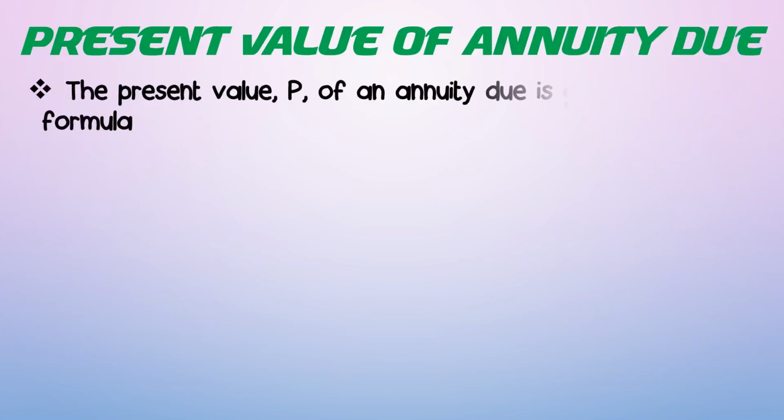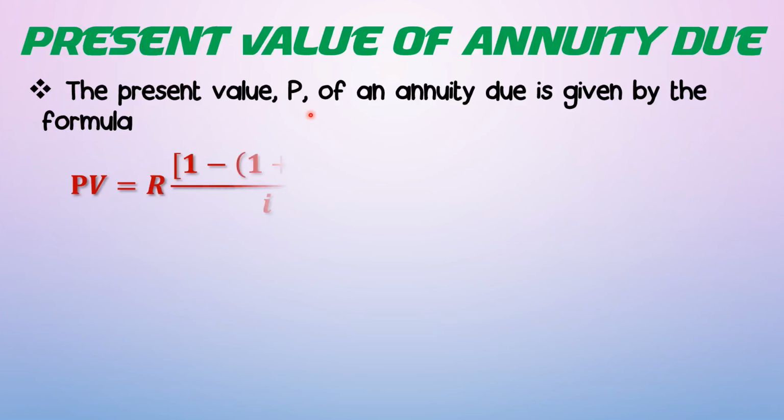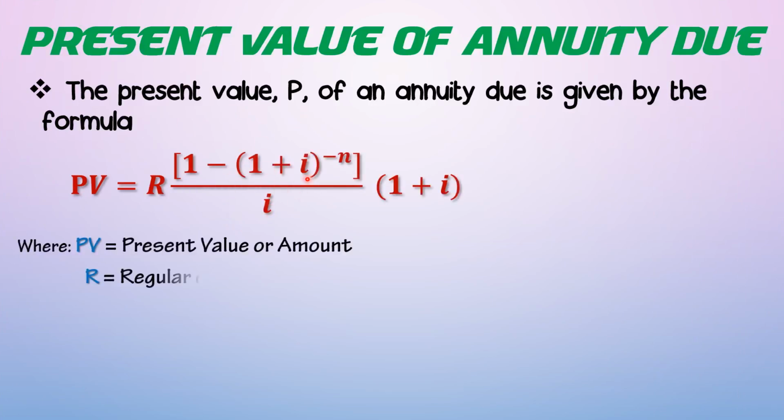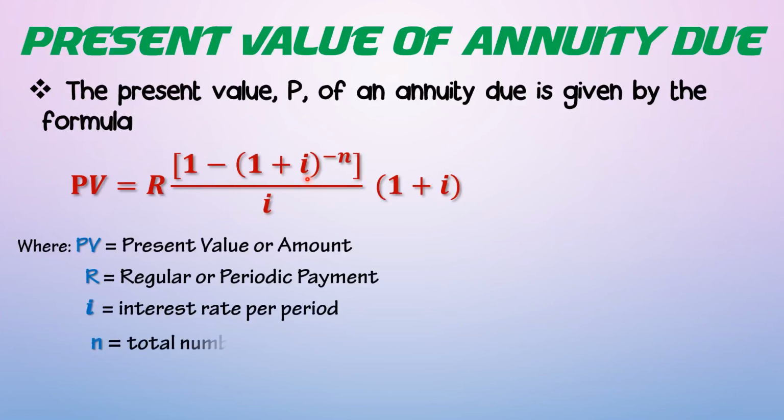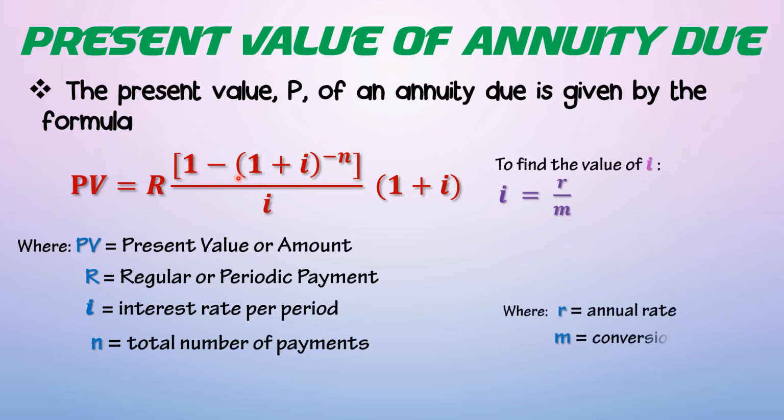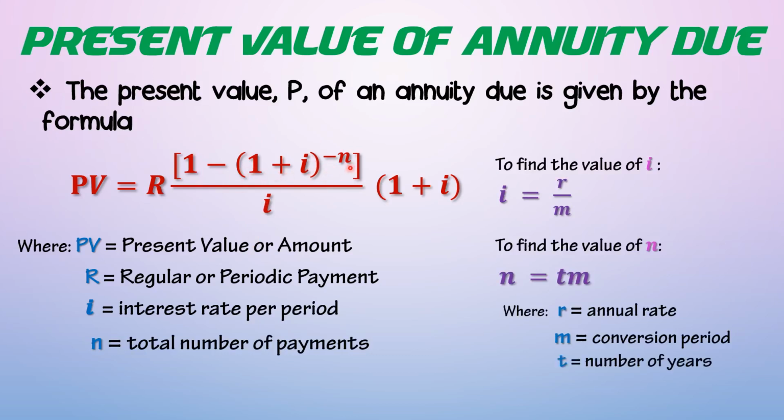Okay, this time let's have the present value of annuity due. So the present value P of an annuity due is given by this formula. Again, this part will only become 1 minus the quantity 1 plus i raised to the negative n. So still the same process.